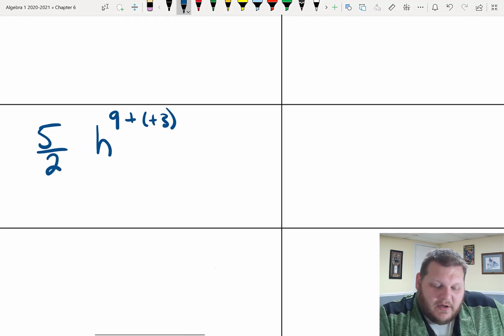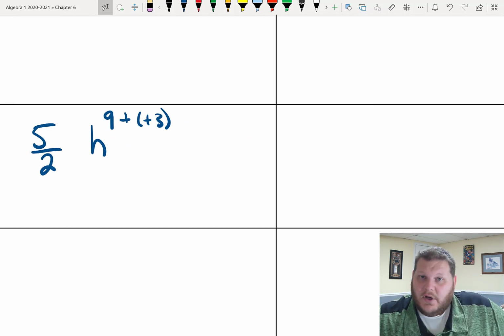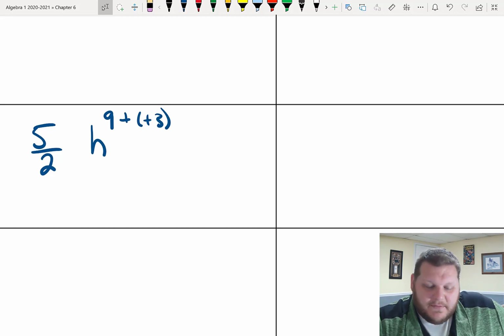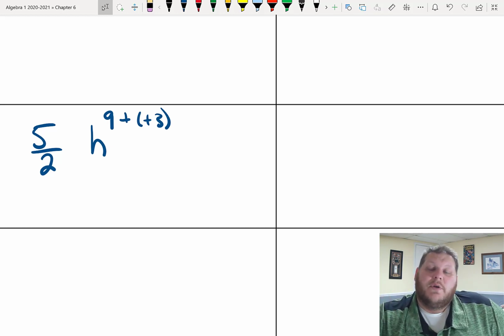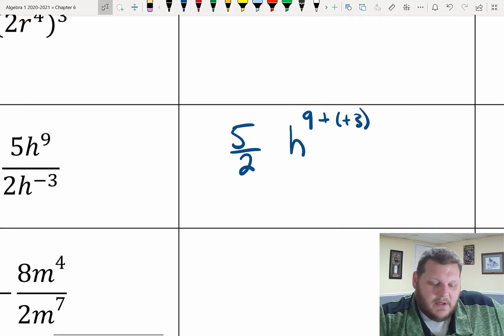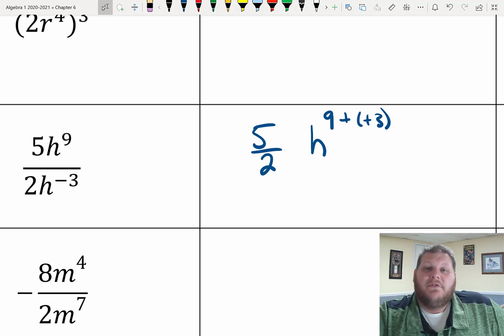So what I end up with here, our leftovers, is actually bigger than either of the two original ones because we're adding that number since we subtracted the negative. I know that 9 plus 3 is 12, and that leftover still goes with whichever one was bigger to start with. So in this problem, since my h to the 9th power was up top, that's where my leftovers go.